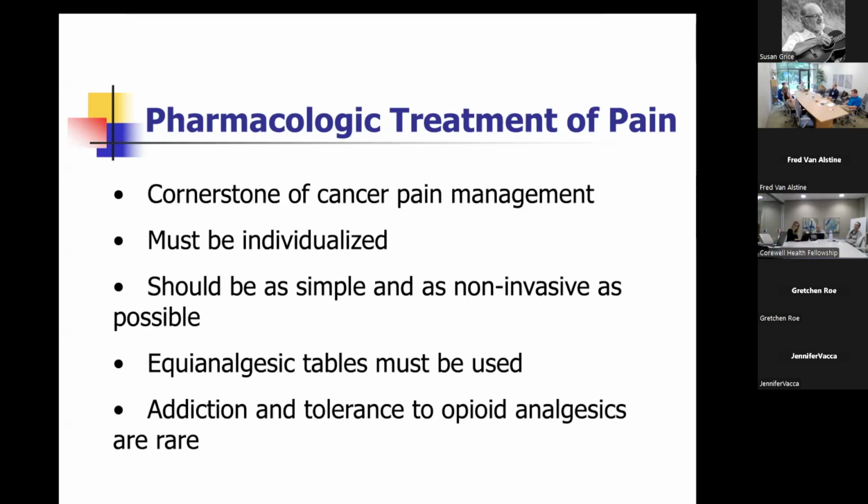But we know that they can trigger them. Keeping in mind, it doesn't mean that 80% of people that get on these medications are going to have some problem. But because of the concerns and the challenges with addiction, we want to make sure that when we're giving it, we know what we're giving, how we're giving it, how long we're going to be giving it for, and how we're going to be tapering that when we're done with that medication.